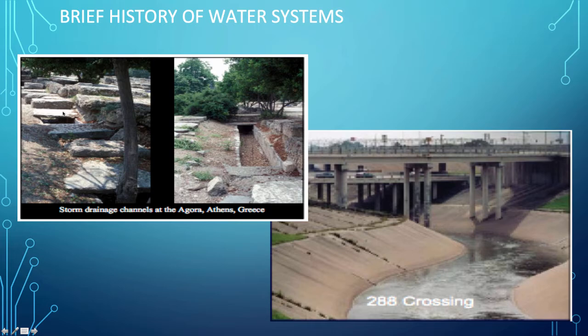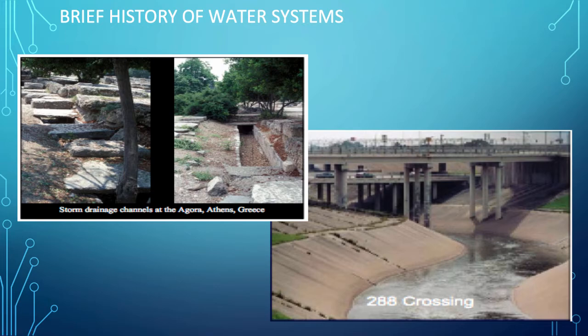Same here, we have these slabs to walk over the storm drain channel. When you're in your togas, getting the bottom of your togas wet is no fun, so they have these things to walk over. We move to modern times, and here's a photograph of a crossing.